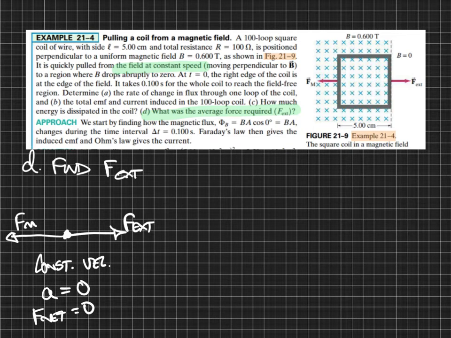So there are a few ways that we can go about this last part. One way is the work-energy theorem, in that if I lost a certain amount of energy within my coil, then I must have done a certain amount of work as well. So we can say that the work is force times distance.